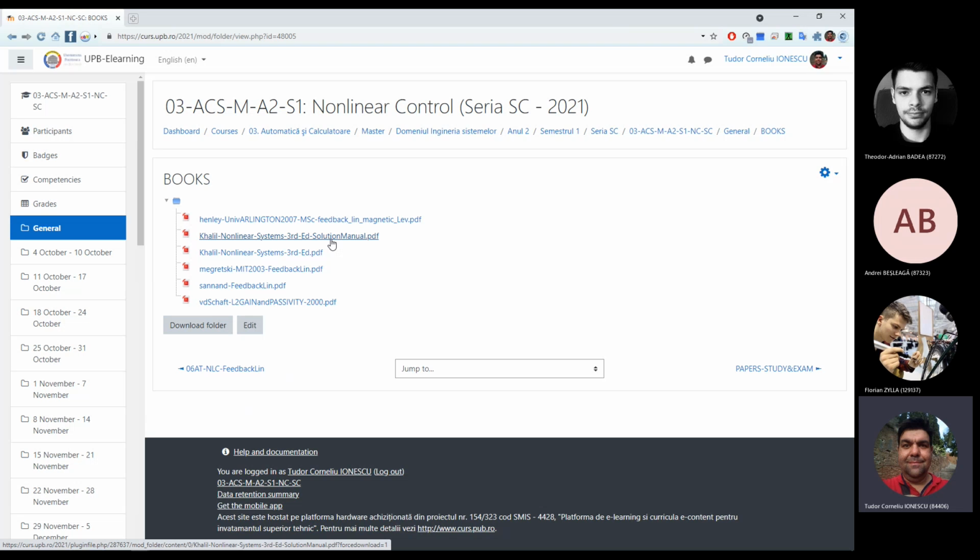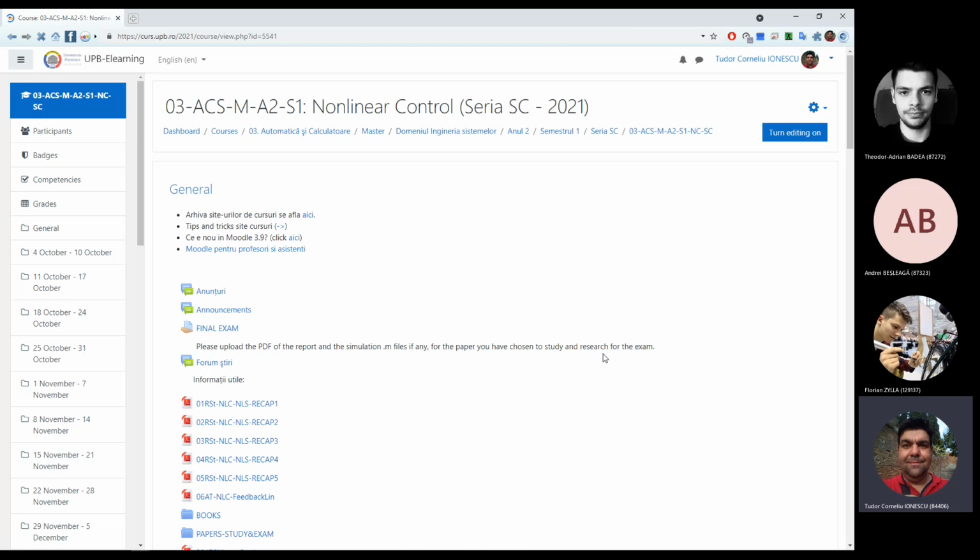And here you also have some solutions. And I also have a book about L2 gain and passivity of Arjen van der Schaft, published in 2000, a famous book and a very good handbook. Right. Let's go back to the main.